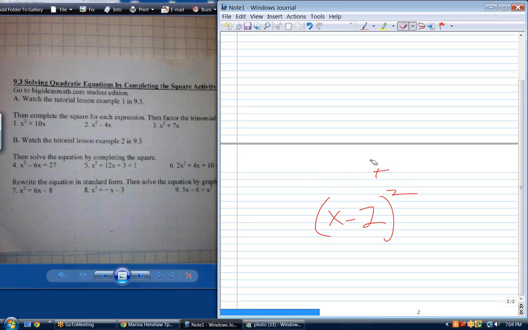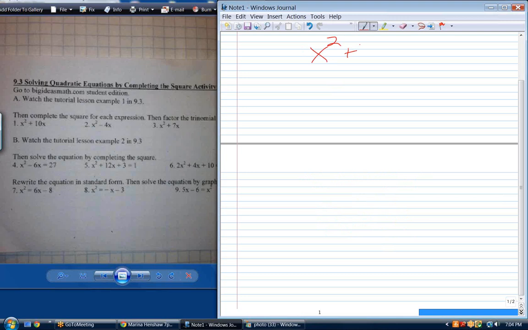Okay? And the third one, x squared plus 7x. Wait, am I only doing it to the factor? Well, we're completing the square for this expression, and then we're going to represent it as x plus something squared.